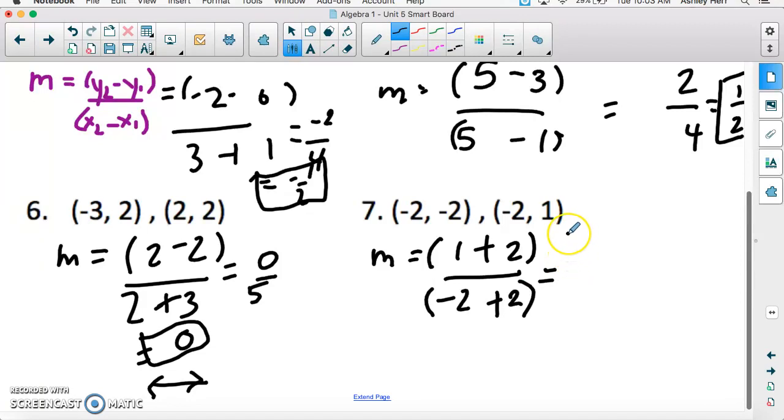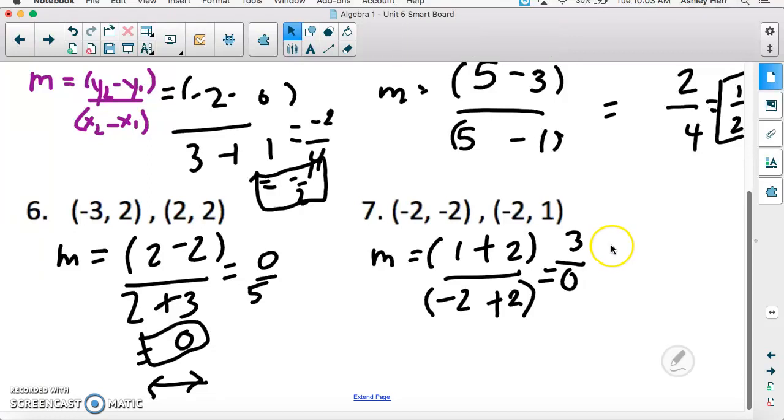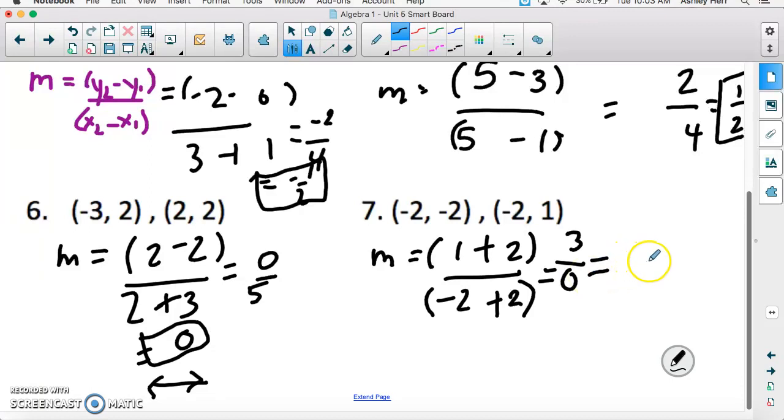So what's 2 plus 1? 3. And what's -2 plus 2? 0. What's wrong with this fraction? Right, you cannot divide by 0. If you divide by 0, it is undefined.